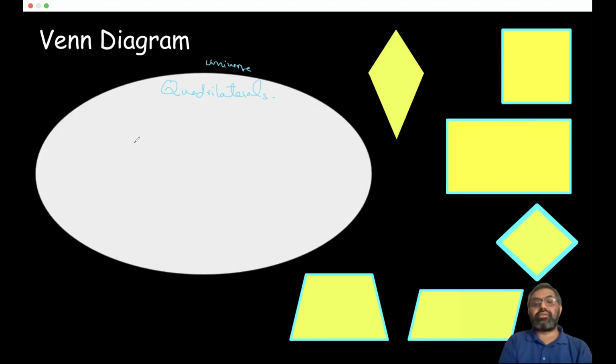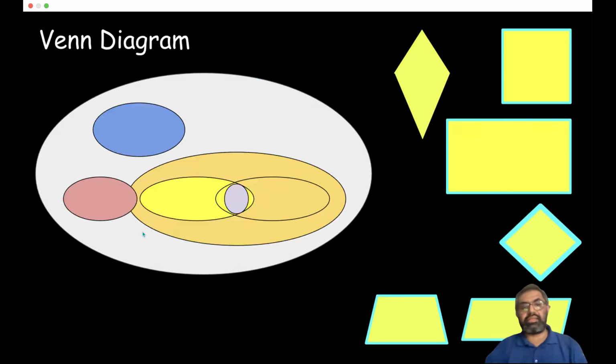So now where do all these shapes lie? I put all these shapes into this Venn diagram, and it comes like this. Over here we have my parallelograms.